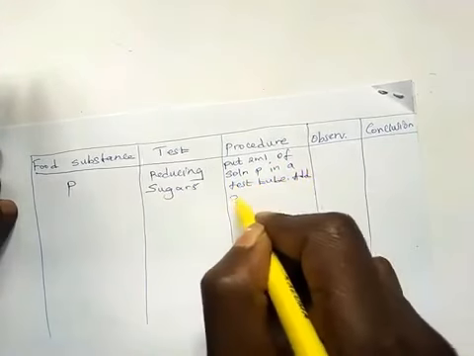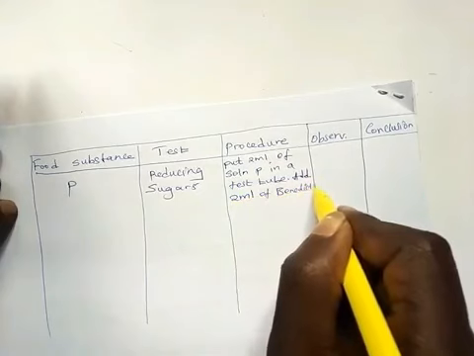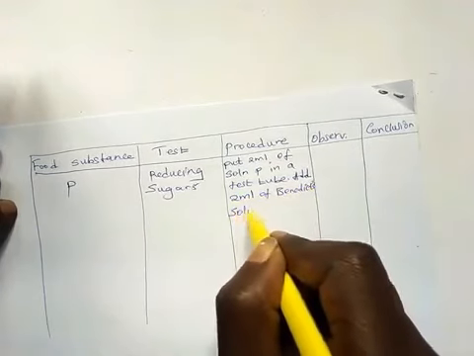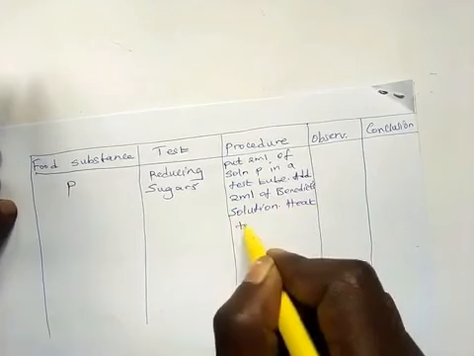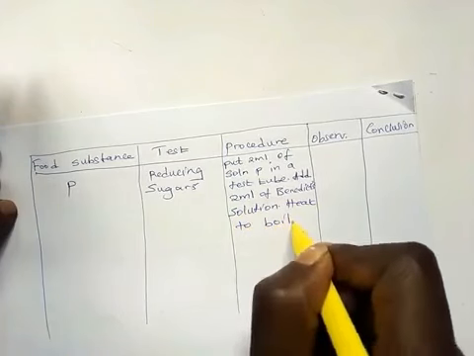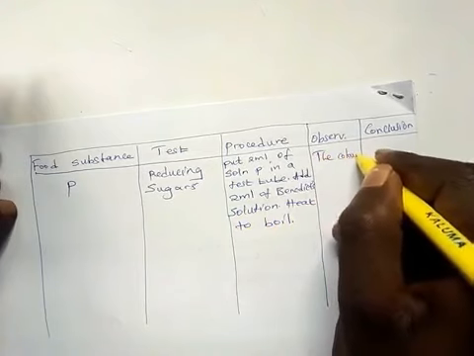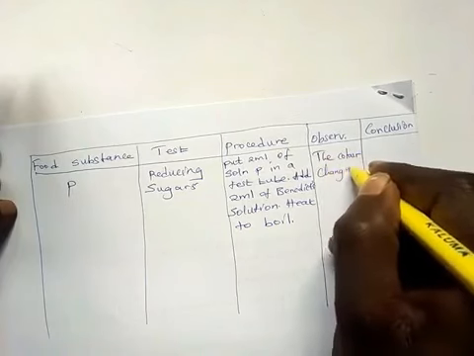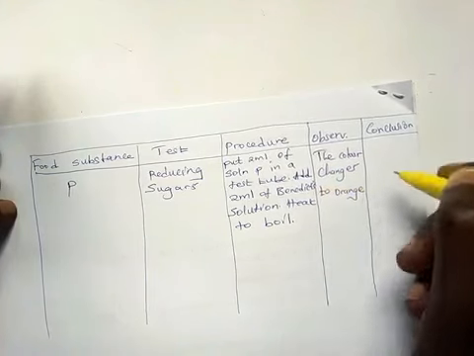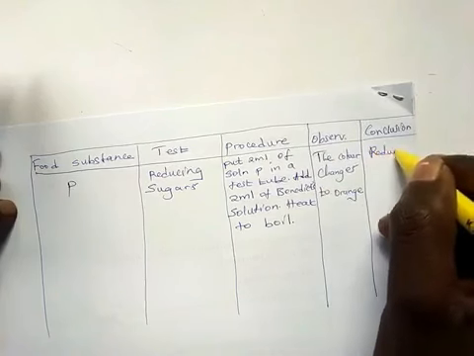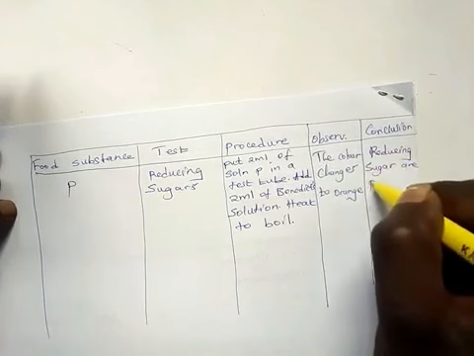Add an equal amount, 2 milliliters, of Benedict's solution, and then you heat to boil. Now your observation will be the color changes to orange. Now here the reducing sugars are present.